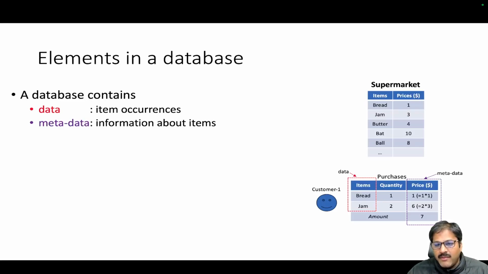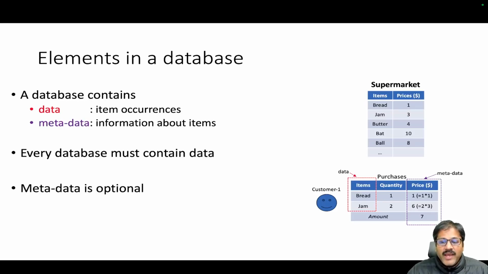In this example, metadata is nothing but the prices of each item the user has purchased and the total amount he has paid for both the items. These two, the prices paid for each item and the entire amount paid for the total transaction, correspond to metadata. Metadata cannot exist without data.